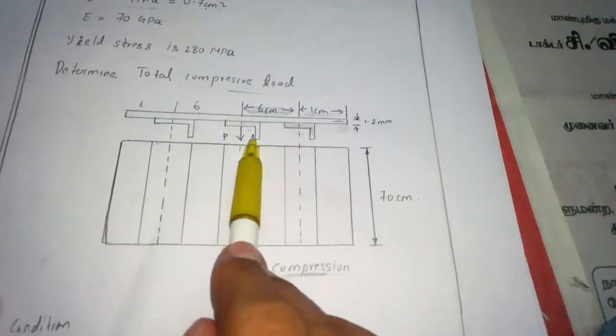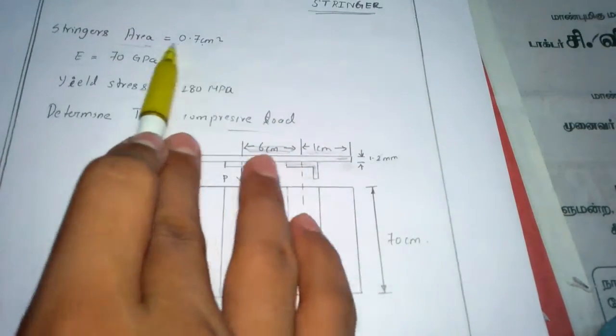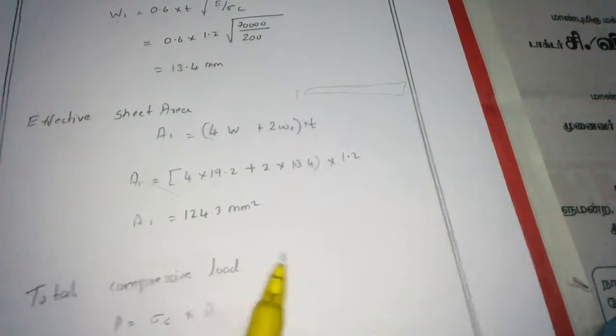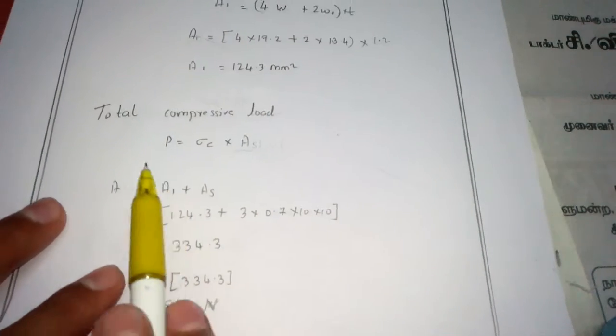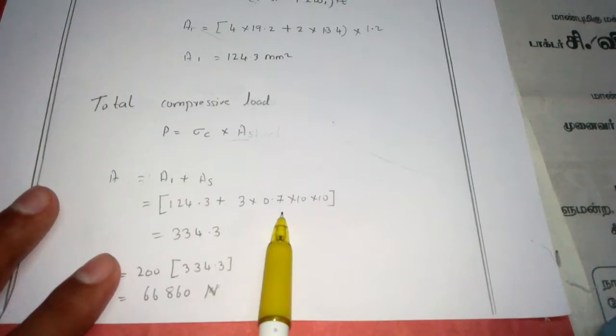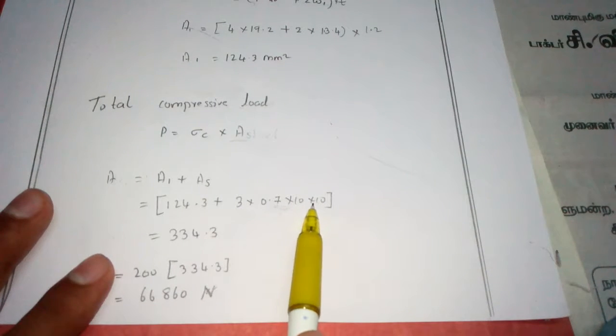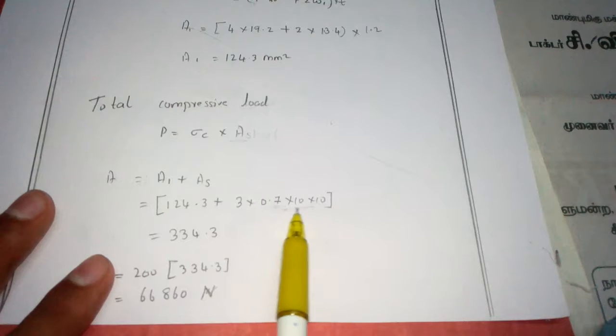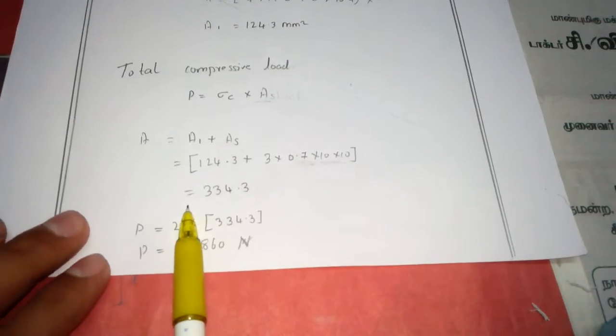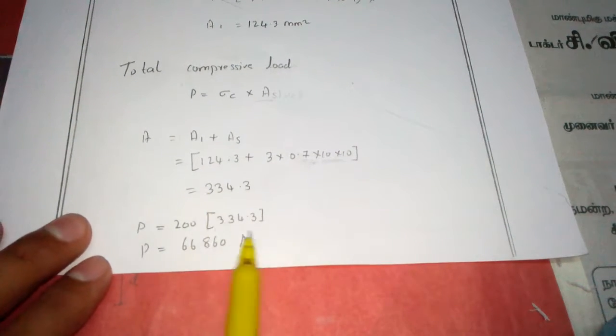We have 3 stringers and we know the area: 3 into 0.7 in centimeter square, and for converting to mm square we multiply by 100.